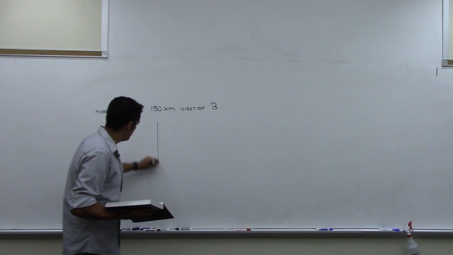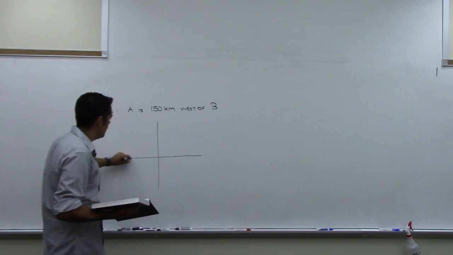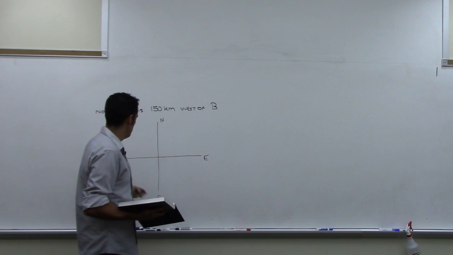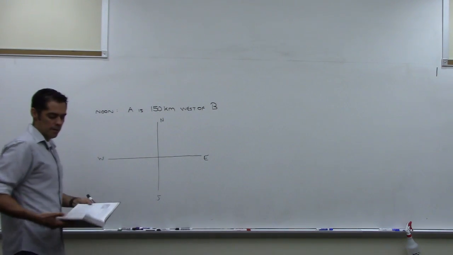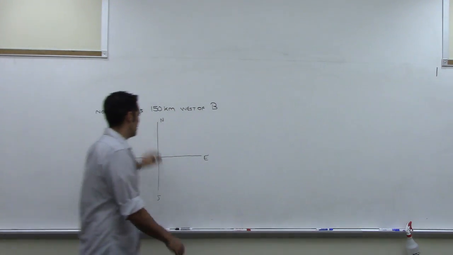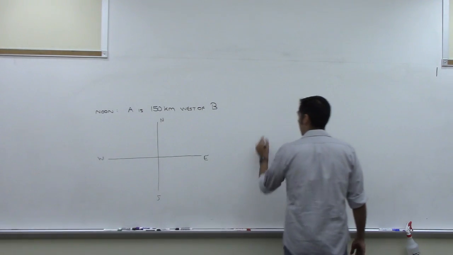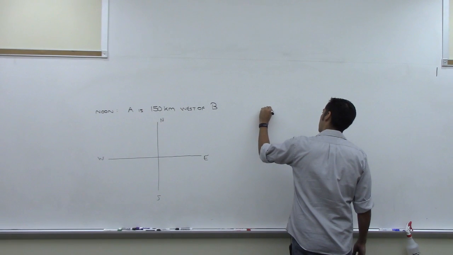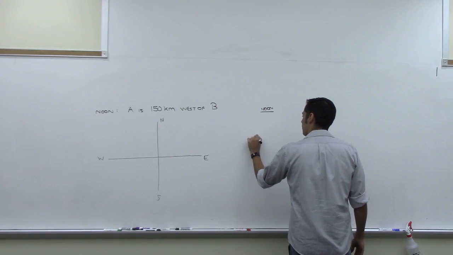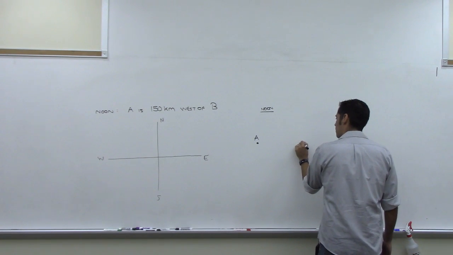West, so if we were to put a map here, north, east, south, west, right? Then I can just start putting my ships here. And I don't even think I'm going to use the map. I'm just going to put at noon, here's what I've got. At noon, you've got ship A right here. You've got ship B right here.